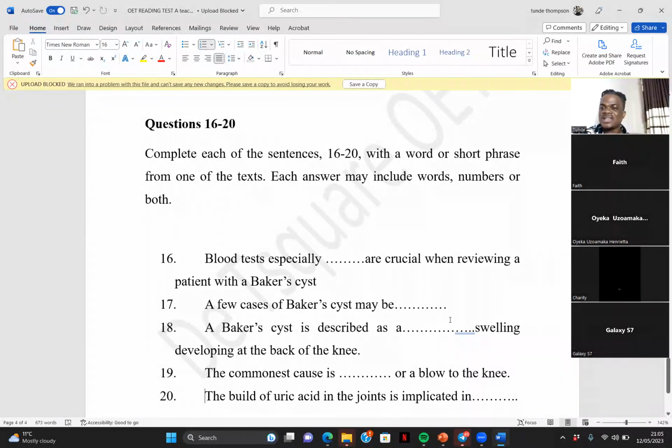That's not correct, because if you use it to fill in this gap here, your sentence will now read, a Baker's cyst is described as a a fluid-filled swelling. So it means you cannot have two articles at the same time in front of this thing.